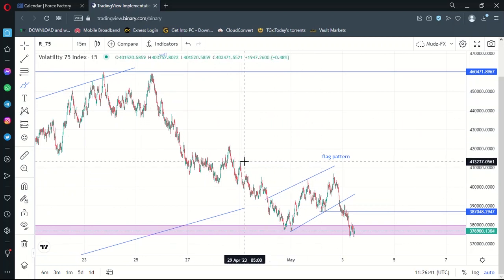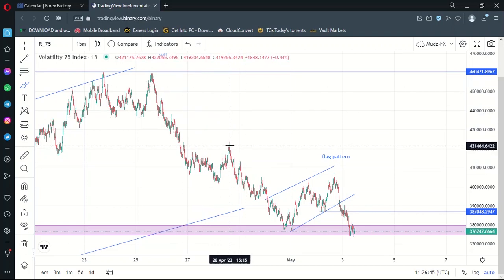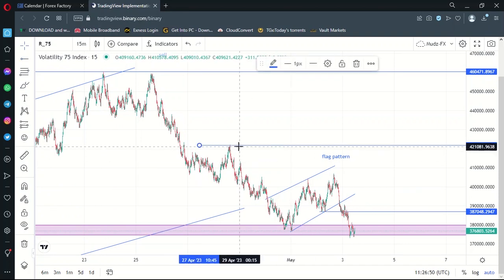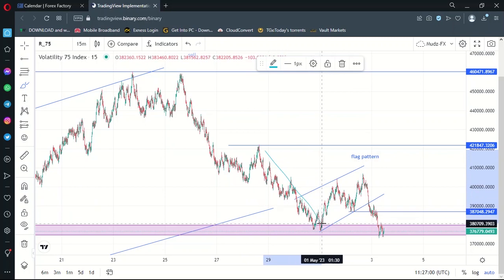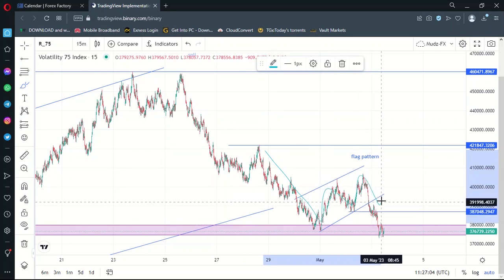If we look at that point there, we have a resistance. So we're gonna start from there and look going down. It gave us an impulse move, then correction, which created our flag. Then it broke out, retested, then it went down.